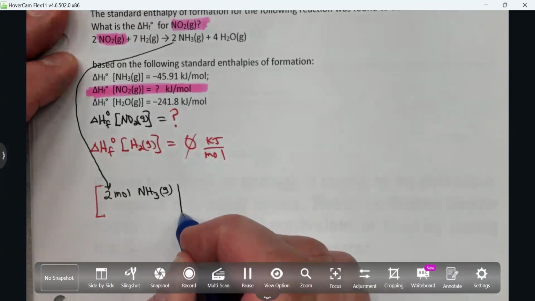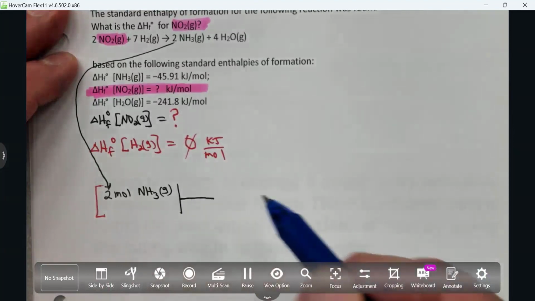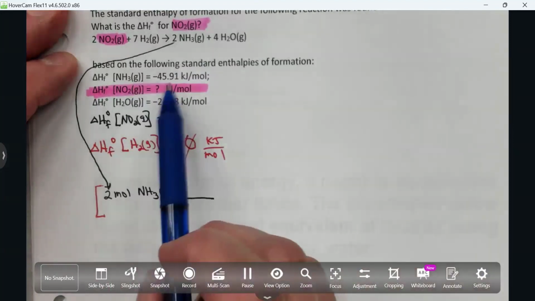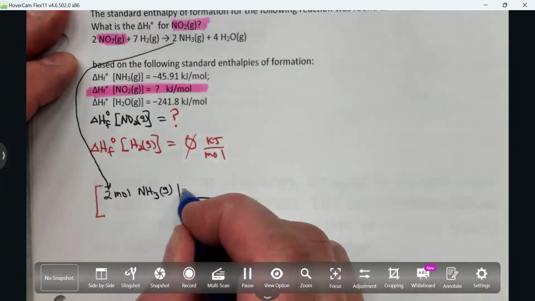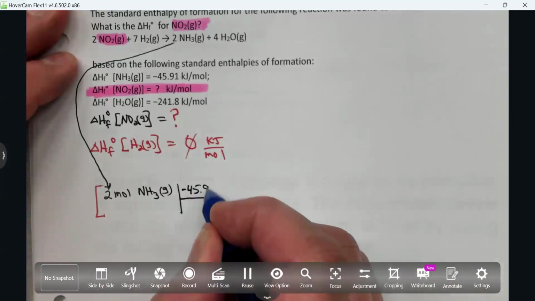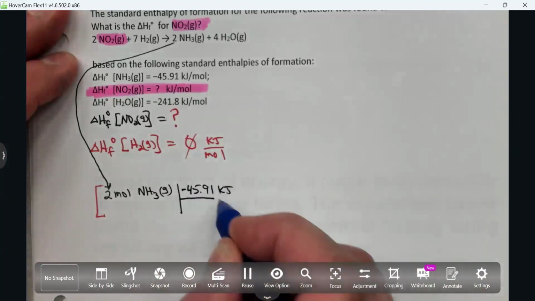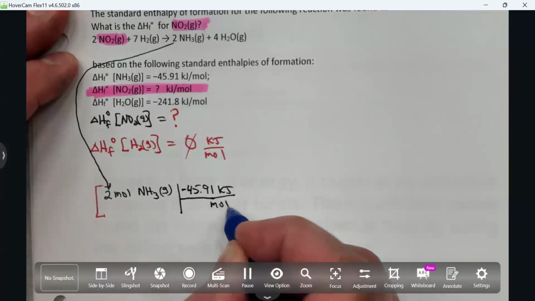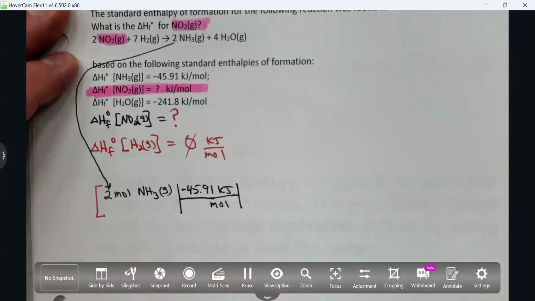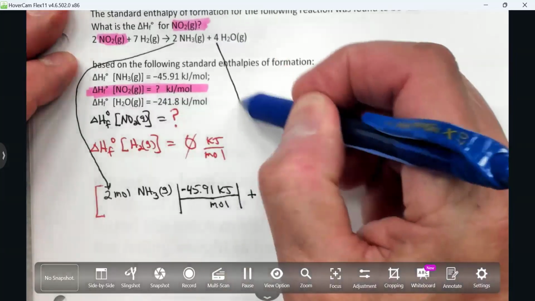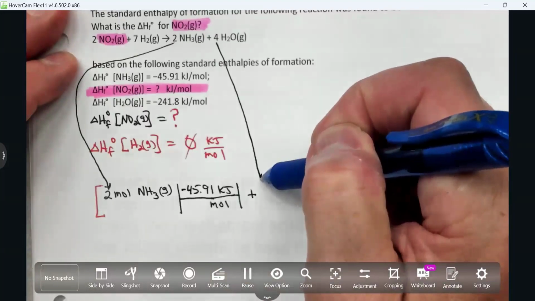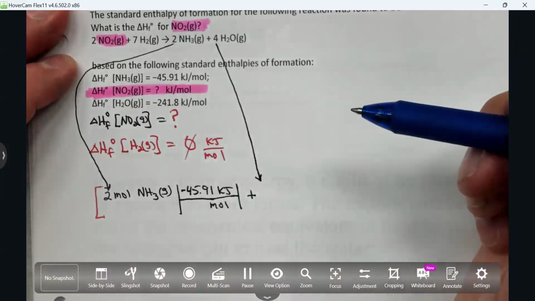And my value for this is minus 45.91. Plus 4 moles of water.